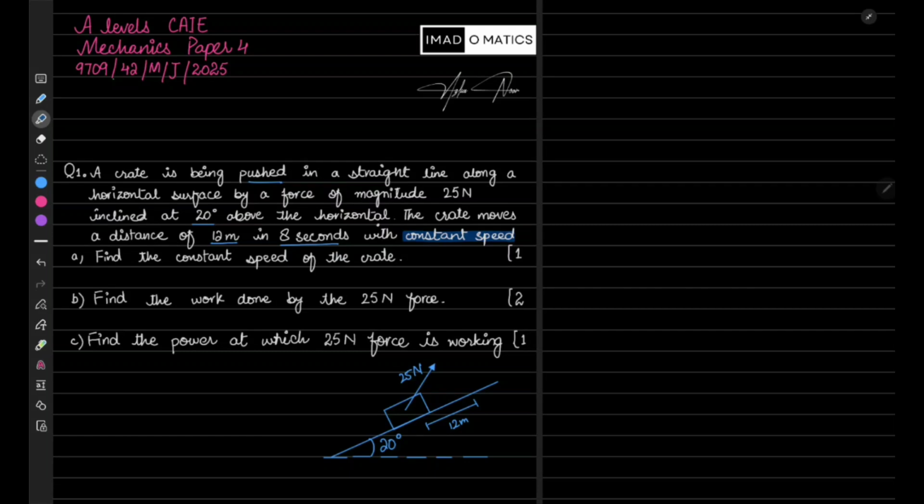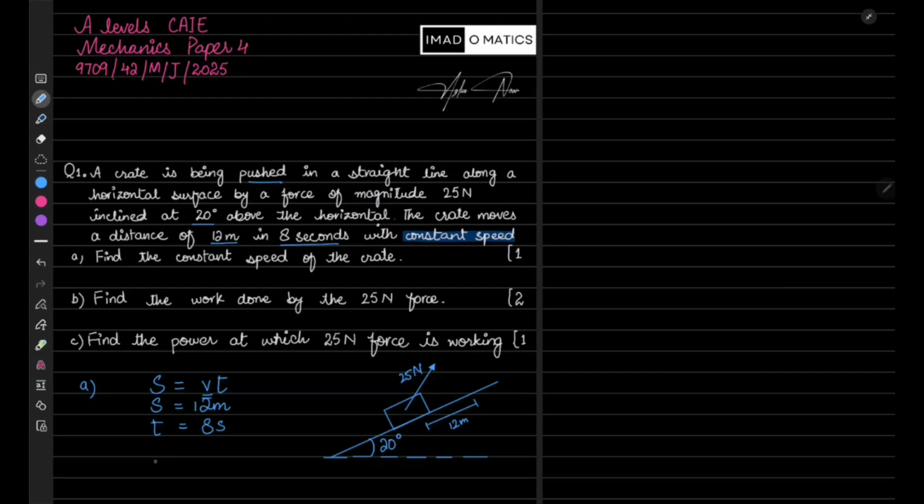To find the constant speed, for part A we can simply use S equals V times T, because we have a constant speed, and we need to find V. S is given to us to be 12 meters, covered in time 8 seconds.